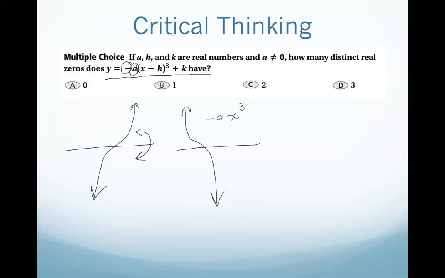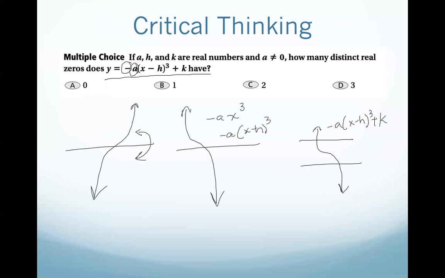Well, that's okay because I didn't draw a y-axis. So negative a times x minus h cubed, and then plus k. So that's going to move my x-axis up or down. So we have this, and it could cross here or here. Negative a times x minus h cubed plus k, right?